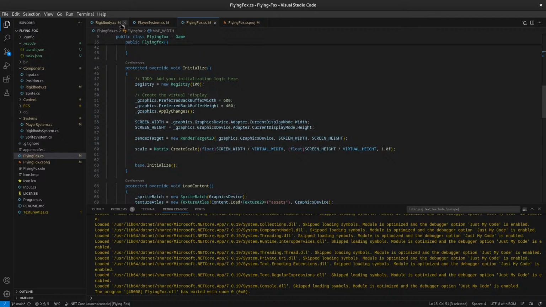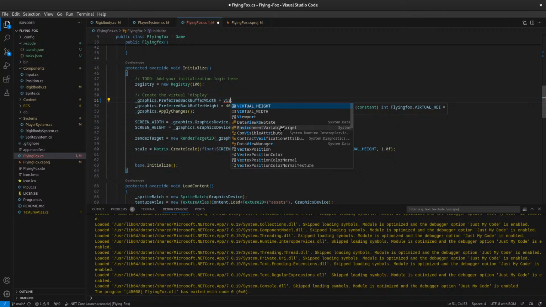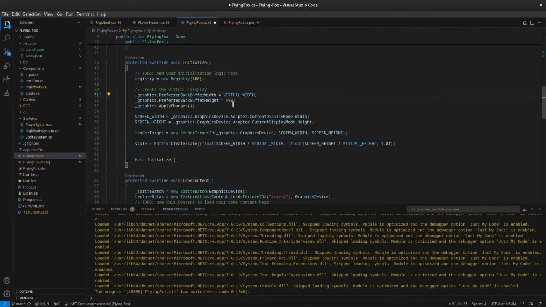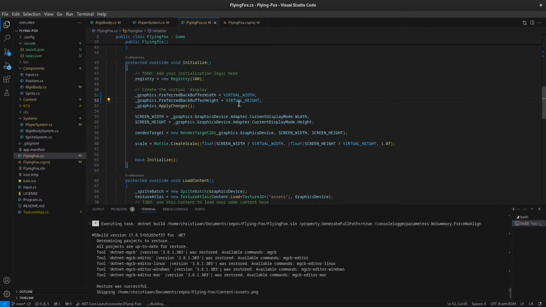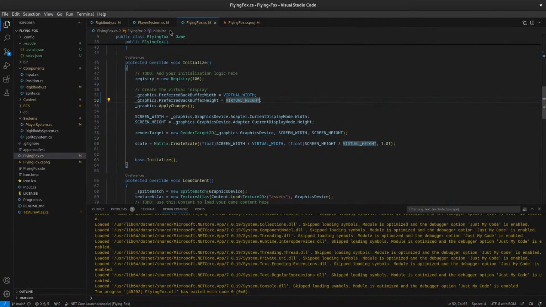Yeah, this is fine. This is supposed to be virtual width and virtual height. I'm just making sure. Always make sure about your code before you assume it's correct. Yeah, okay, that's fine. Back to player system.